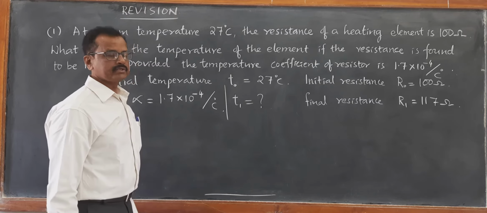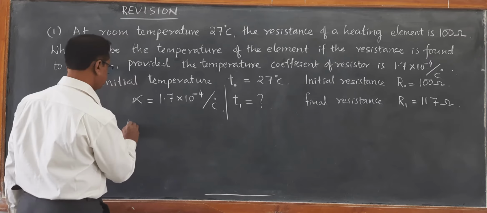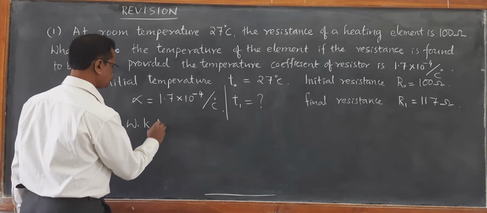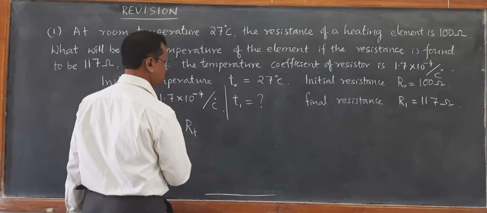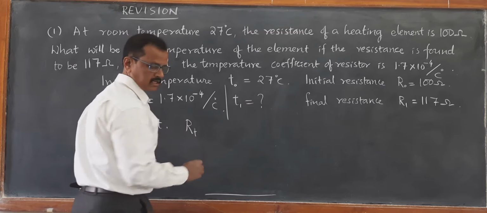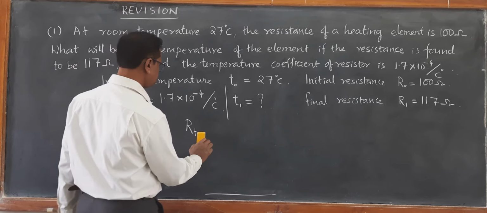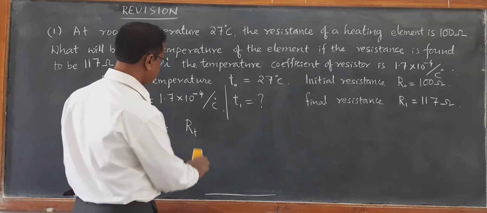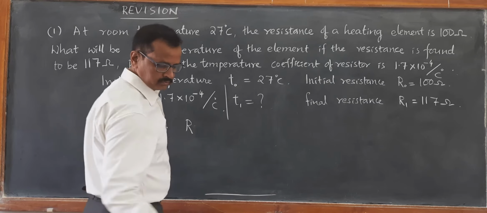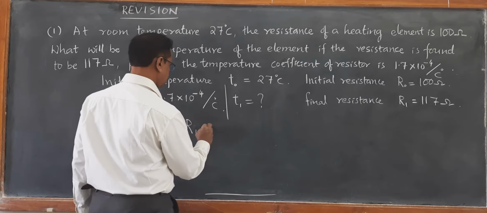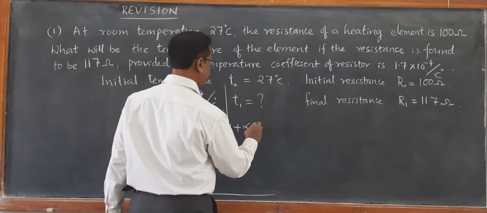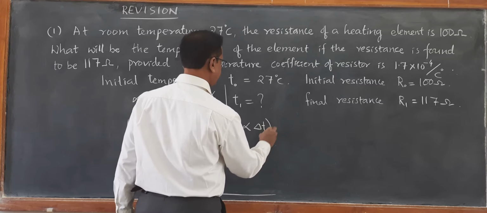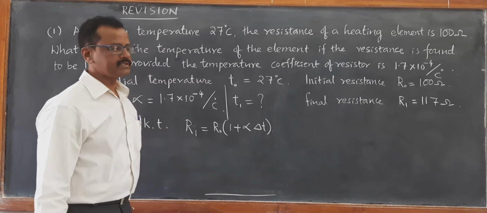So write the equation. We know that RT, here in this case it is R1, RT is equal to R naught into brackets 1 plus alpha into delta T, where delta T is temperature difference.